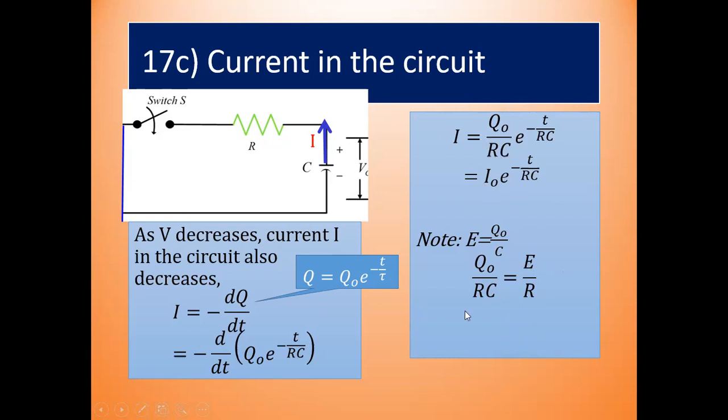So this is I naught. But where did the R come from? That's what I'm asking. From the differentiation. Oh, from the differentiation here. RC, negative and negative cancel off.